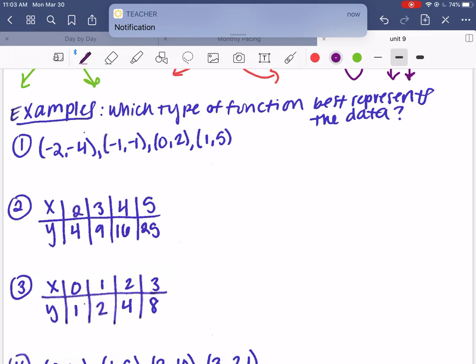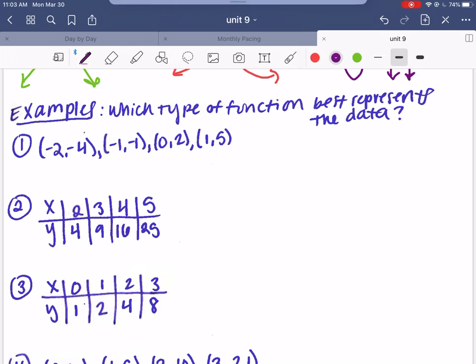So instead, without a calculator, you can look at your y values to see, can I see something that's consistent or constant happening here? Sometimes you can and sometimes you can't. We'll show you how to do it in the calculator as well.